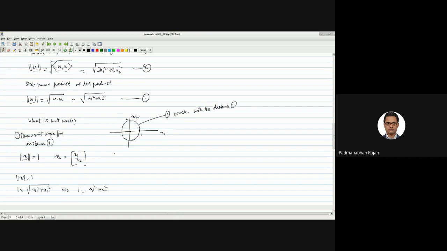Are you getting 0.5? The equation of an ellipse is x square by a square plus y square by b square equal to 1. So the intercept is 1 upon root 2, 0.707.